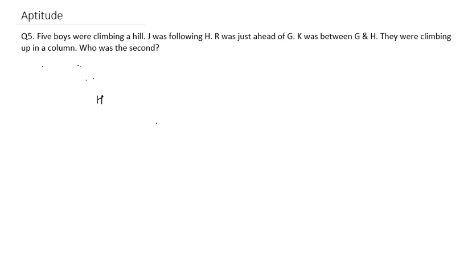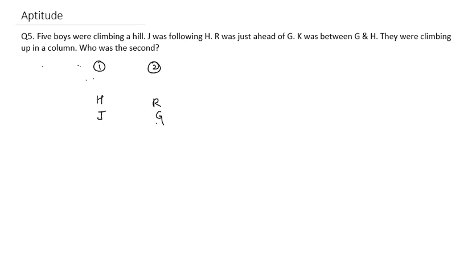So the first condition is J was following H. So H is here, J. This is the first condition. And the second condition is R was just ahead of G. So suppose G is here, R was just ahead.